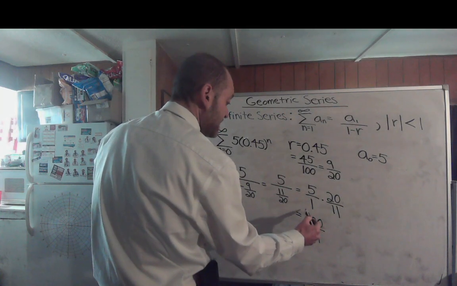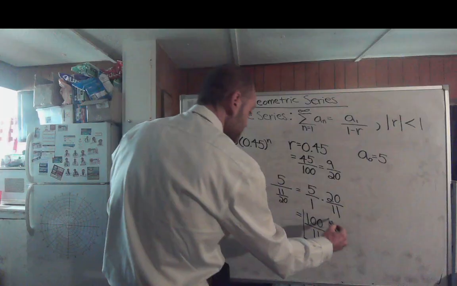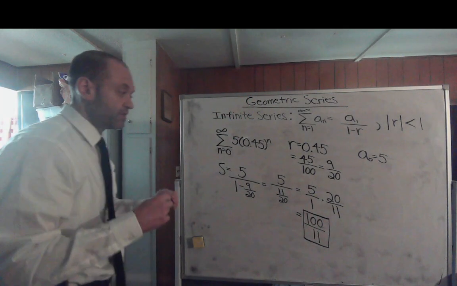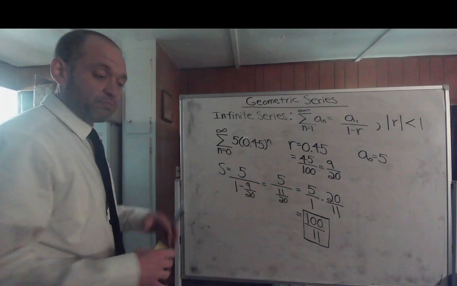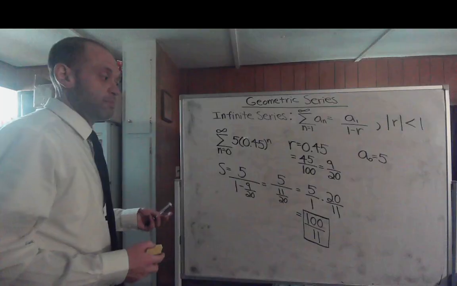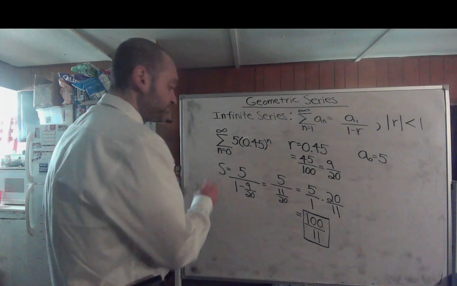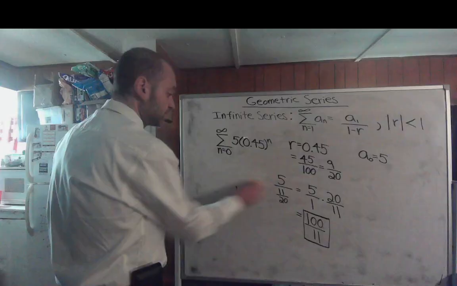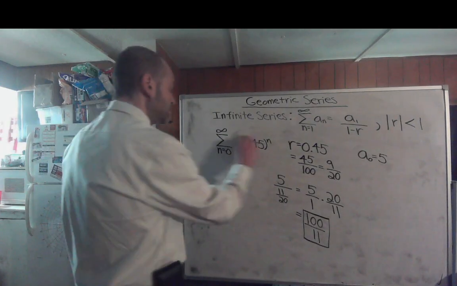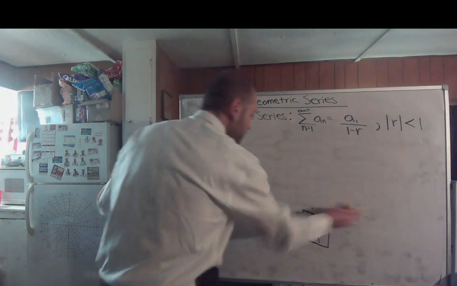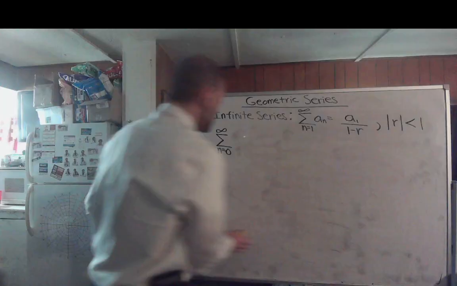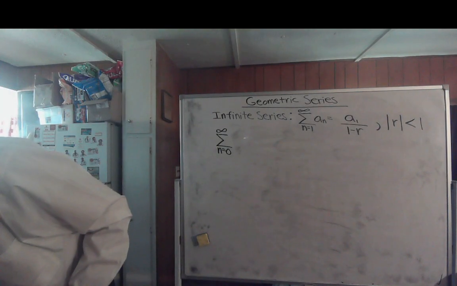That would actually be 9 and 1/11th if we're being precise. You get 9 and 1/11th, that's what 100 over 11 is. So a little bit greater than 9 would be your sum.